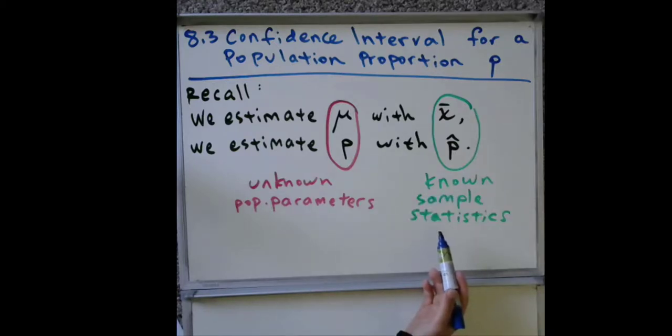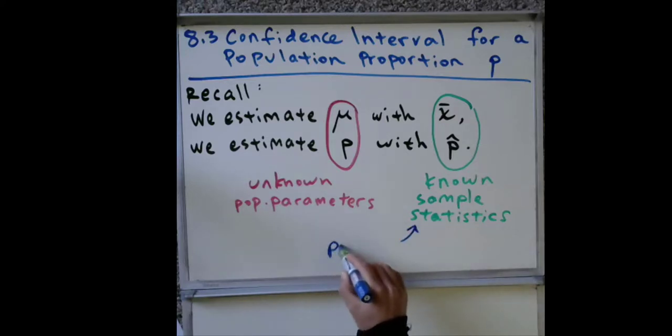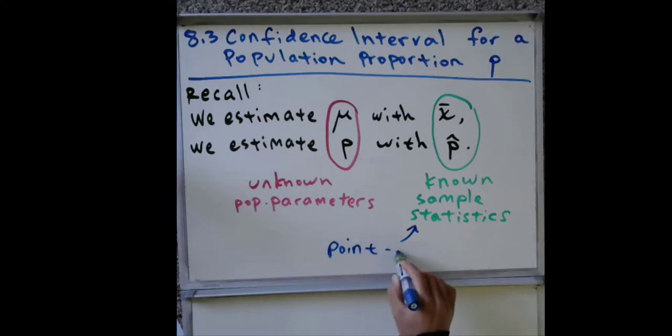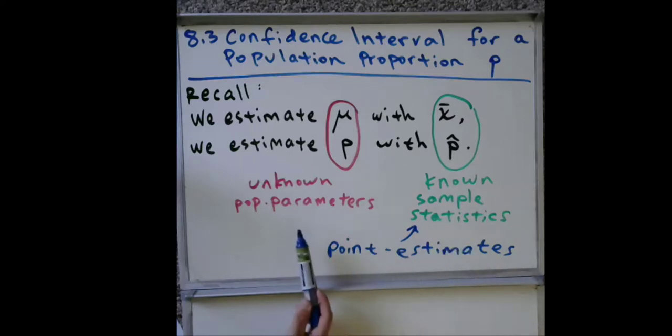We also have another name for these sample statistics, right? We can also call them point estimates. Because they are a single point, we know that those sample statistics are not going to equal the parameters that we're learning about.